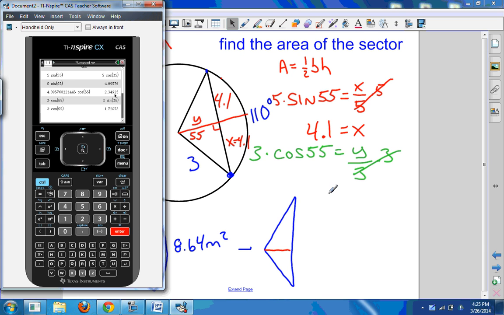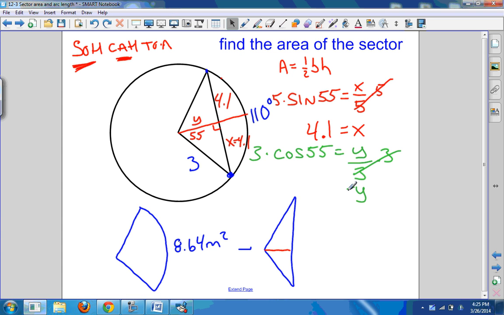Y is equal to about 1.7. So in this triangle here, our base is 8.2 and our height is 1.7. So I can use my formula.